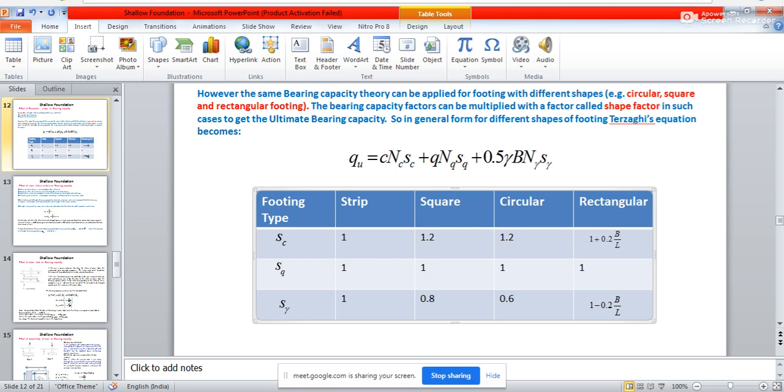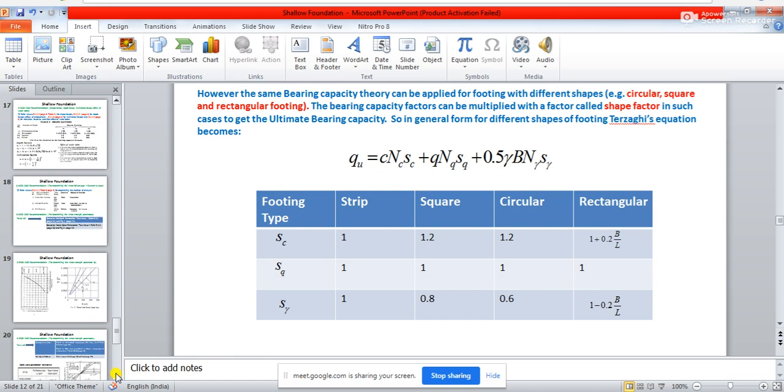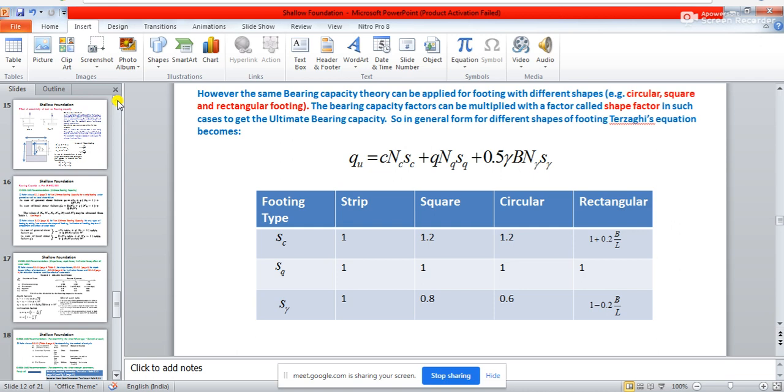Okay, let us proceed. Now gradually we have understood Terzaghi's equation and all other things related to bearing capacity, and the effect of different things like the shape of the footing. Then we have seen the effect of eccentricity of footing. Then we have seen the effect of angle of internal resistance of the soil.